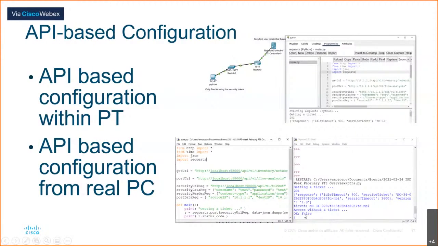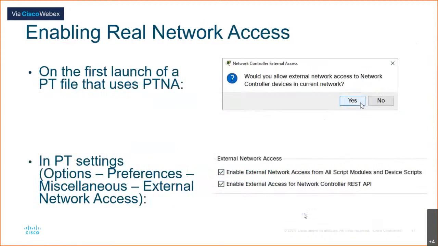That's quite cool, and really impressive that you can do both GUI and API configuration within the simulated world of Packet Tracer and also mix it with the real world. You have to enable the real network access, and this can be done in two ways.